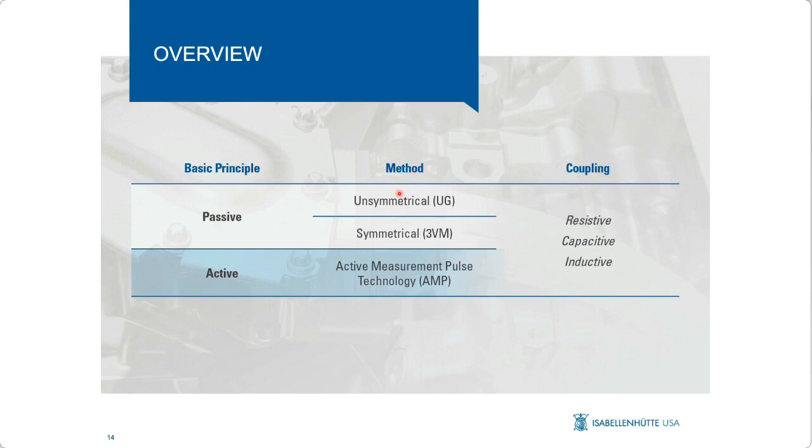The 3VM method, or 3-voltmeter method, is also a passive measurement method and can still be used. It is able to detect symmetrical errors, and we will look a little bit closer into that on the next slide, what that means.